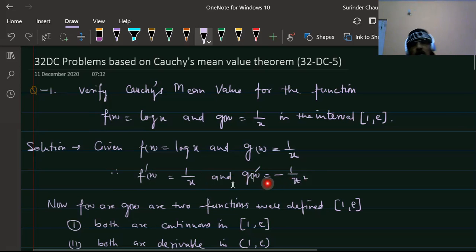Both the functions f(x) and g(x) are well defined in this interval, and both functions are continuous in this interval. If you differentiate them, both functions are differentiable in the open interval (1, e).